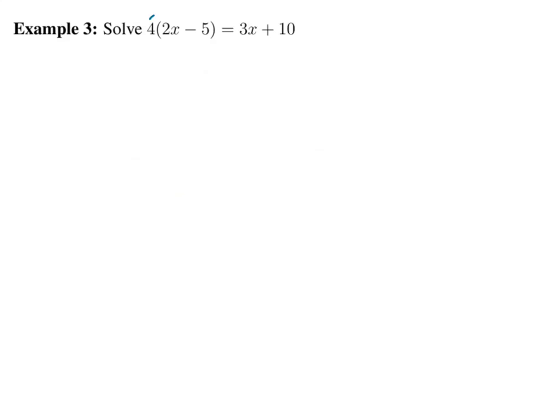Okay, next order of business, this example here. As you can see, we have some distributing to begin with. Good times. So, 8x minus 20 equals 3x plus 10. Next order of business, move the variables off of a side. So, goodbye 3x's. 5x minus 20 equals 10.